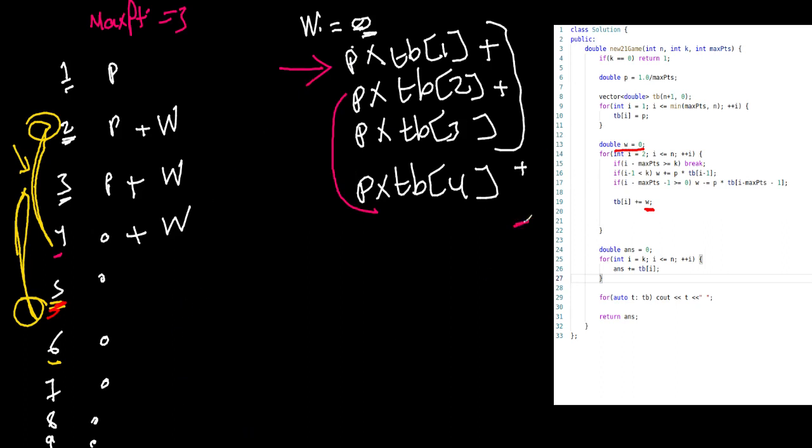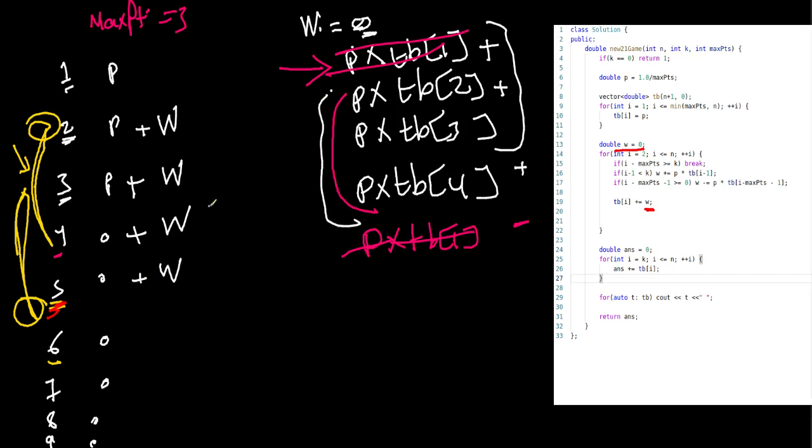So we do minus p multiplied by tb of 1, which is just we remove this from the solution, and we add w. So the w is these 3 values. Now notice that we are taking advantage of the previous solution to solve for the current iteration.